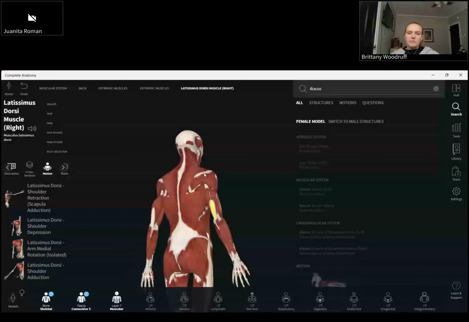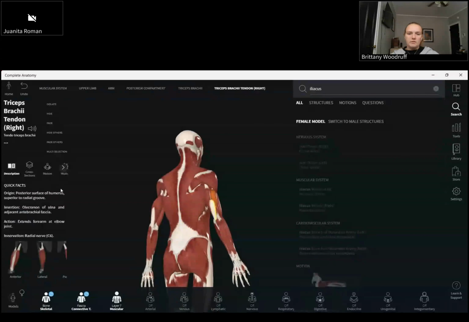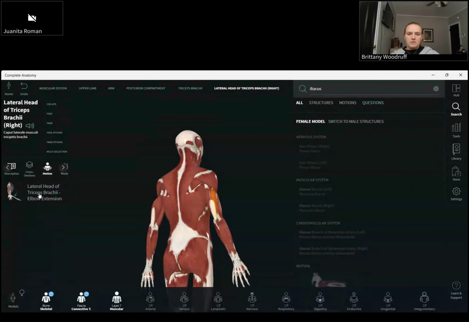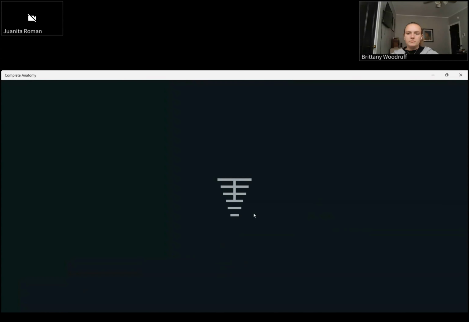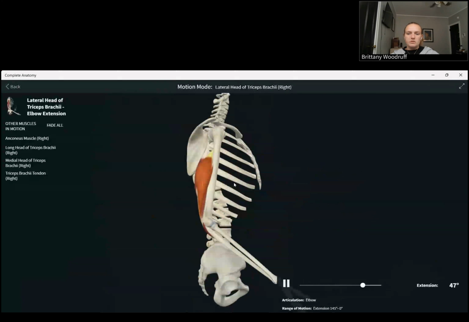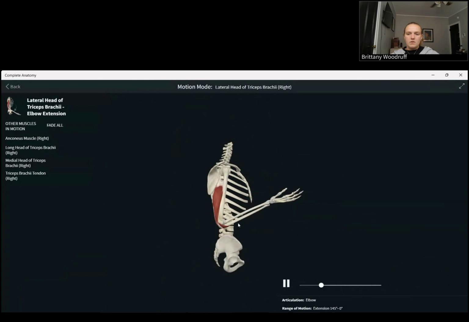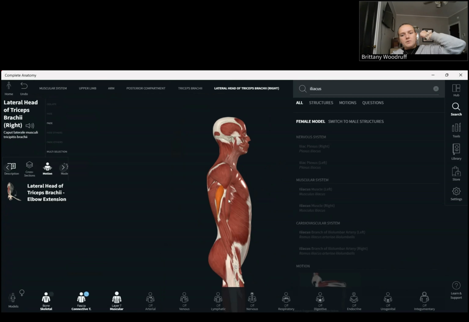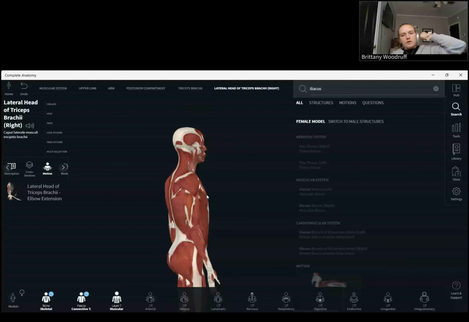Taking a look at the movement of your triceps here: triceps, elbow extension. They're pulling that elbow outwards, so triceps pulling down like this. Biceps, on the other hand, are found on the front.